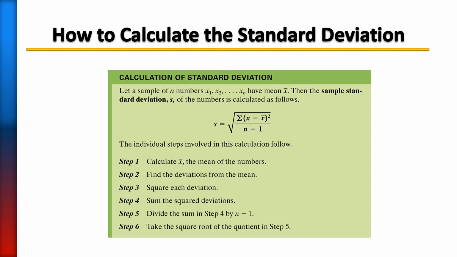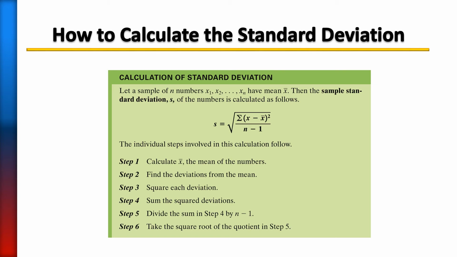S is equal to the square root of the fraction with a numerator of the summation of the square of x minus x bar over the denominator of quantity n minus 1.